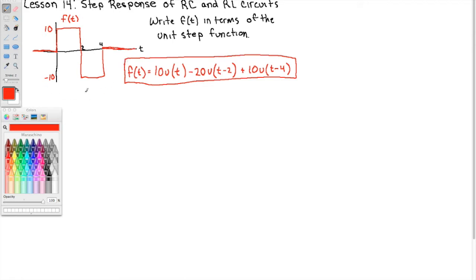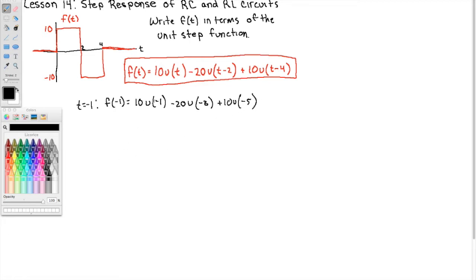All right, let's just test it out. Let's pick a value, let's say t equals -1. Well, according to our equation, f of -1 would be 10 times the unit step evaluated at -1 minus 20 times the unit step evaluated at -3 plus 10 times the unit step evaluated at -5.